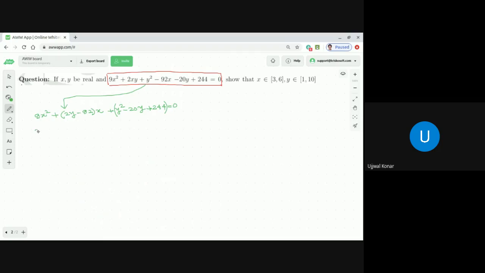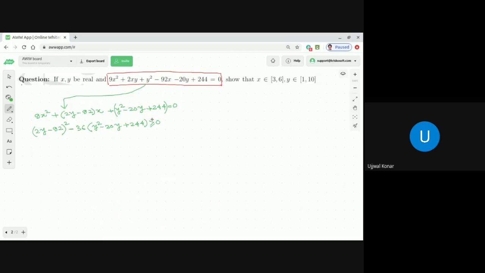That is equal to (2y minus 92) whole square minus 4 into a into c. 4 into 9 is 36, so 36 into (y square minus 20y plus 244), greater than equal to 0. Because the discriminant has to be greater than equal to 0 as x is real.